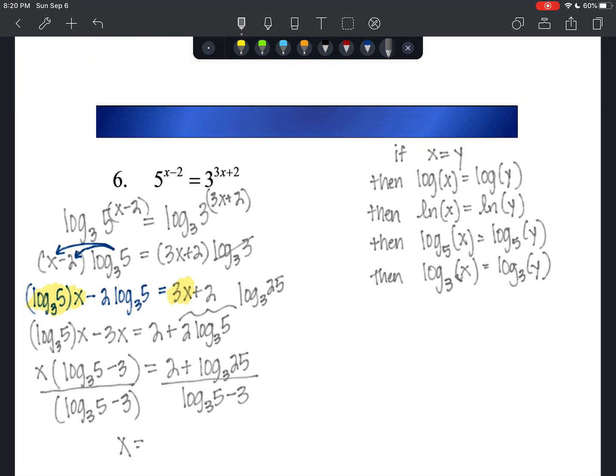And our answer is x equals 2 plus log base 3 of 25 over log base 3 of 5 minus 3. This is an exact answer.